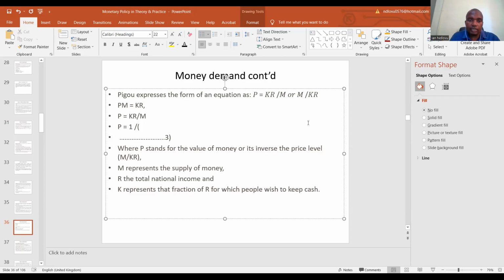I will just say 1 over KR, the reciprocal, over M. It just returns us to that.